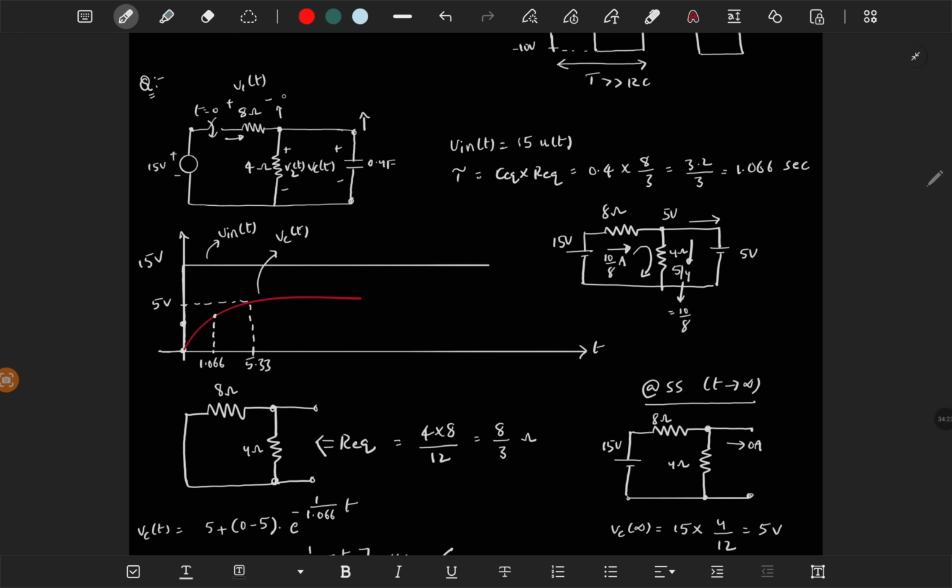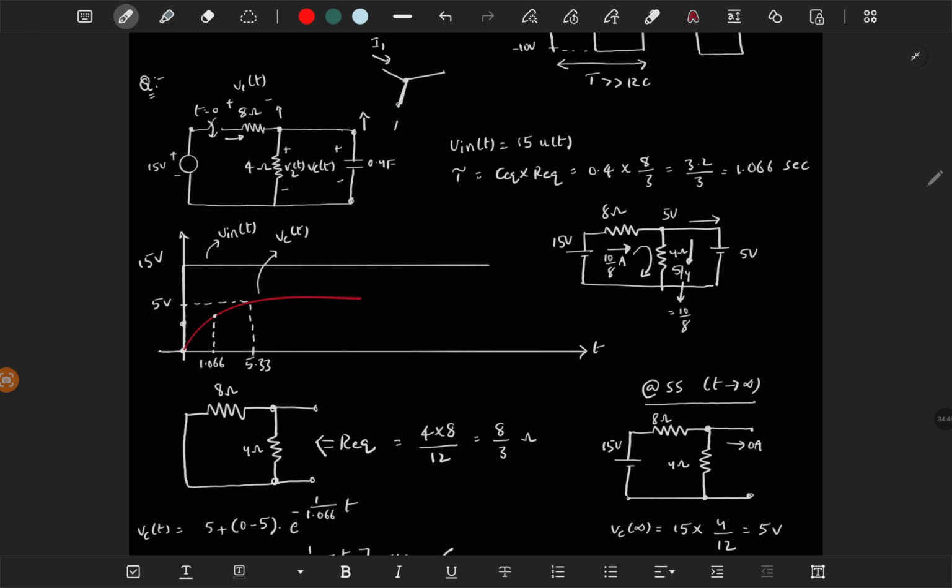And since this voltage is increasing, this current is increasing. Let's say this is my 4 ohm side and this is my 8 ohm side.